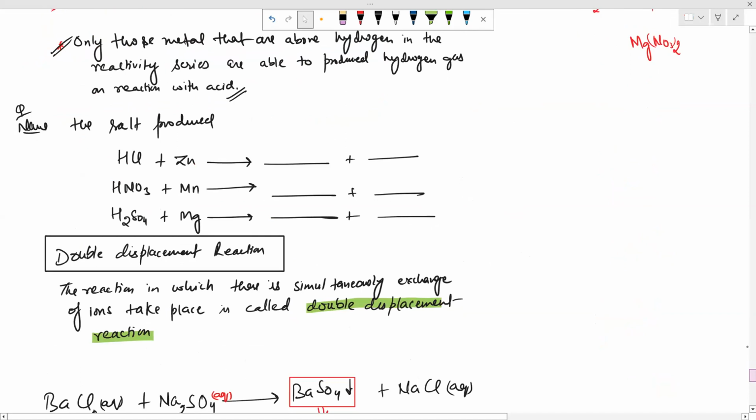Now tell me the salts. Name the salt that is going to be produced here and what is its formula. Sir, what is Mn? Mn is manganese. Its valency is 4 or 3.